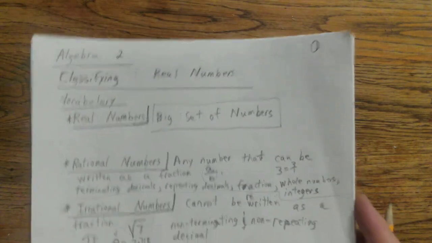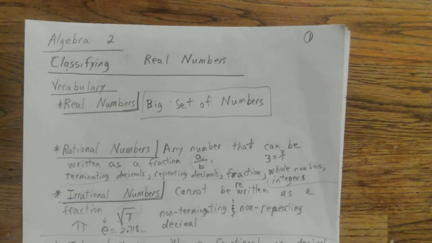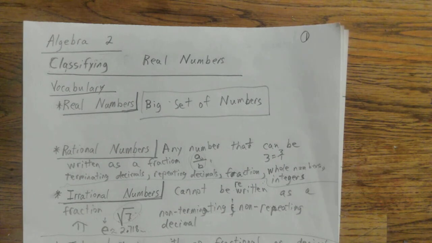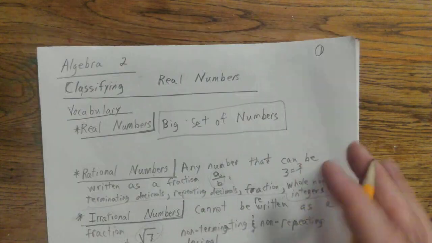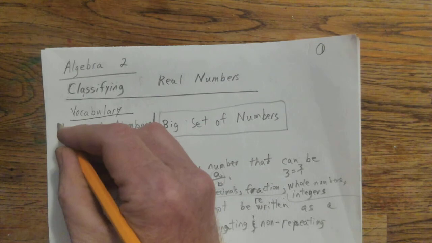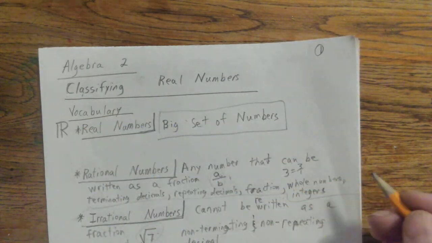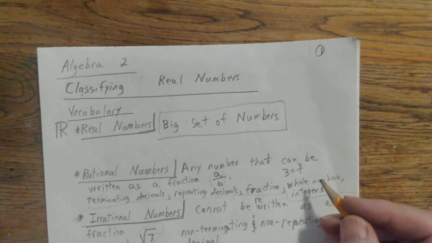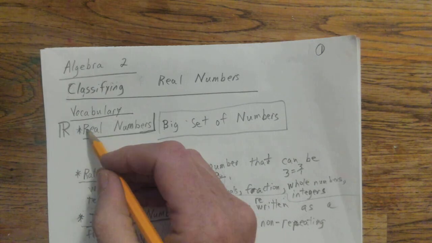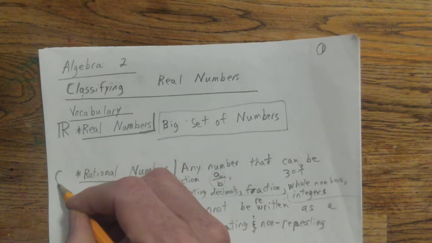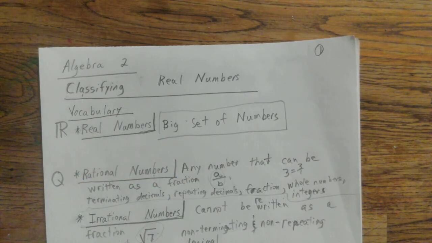A lot of times instead of writing out those numbers all the time, for the set of real numbers, we use a big fancy R. I like to write that. Okay. For the set of rational numbers, since R is taken, Q was chosen by some mathematician along the way to represent the set of rational numbers.